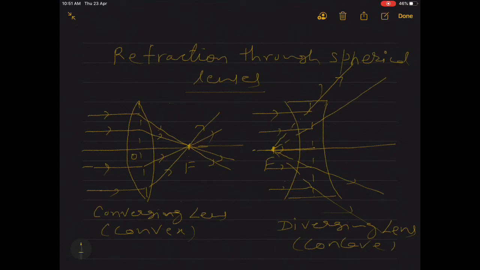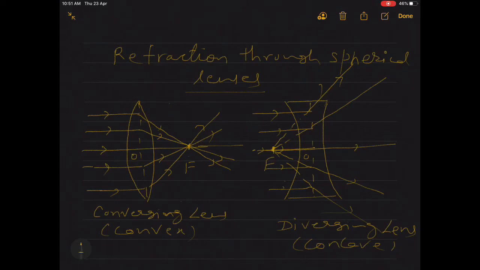One more thing you will understand here, that there is a point, the optical center, in both convex and concave lenses. So the ray which is passing through the optical center goes straight. It does not deviate from its original path.